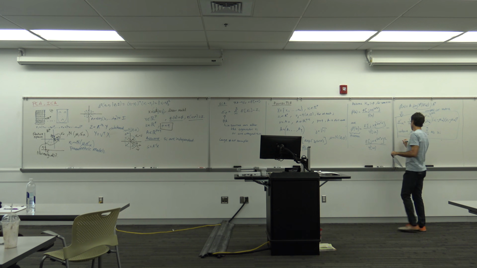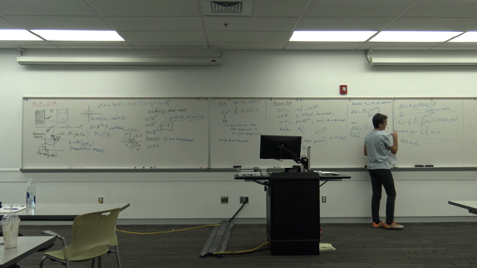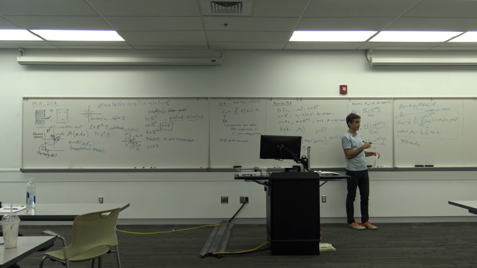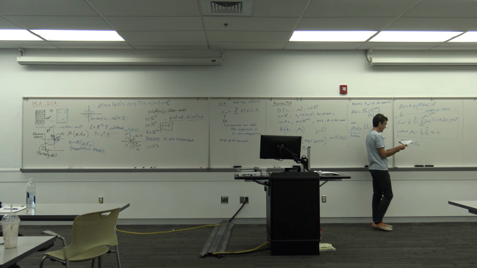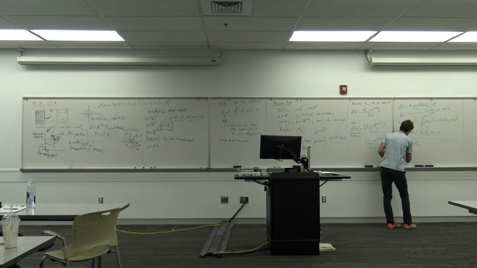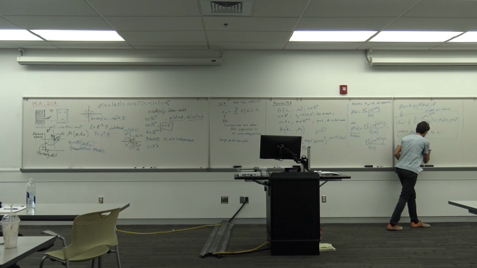And now all I need to do is PCA on that sigma U. And what I'm going to obtain are my eigenvectors, V1 through VQ, and these columns are going to be my sources.